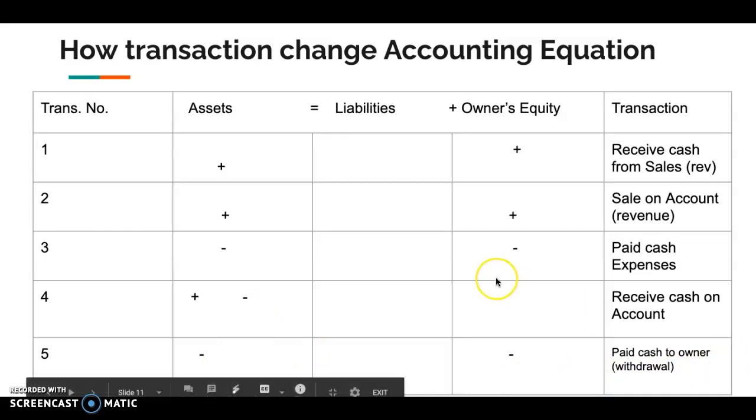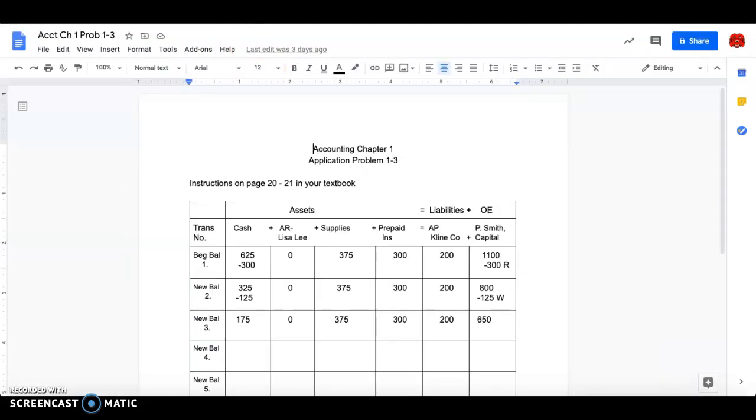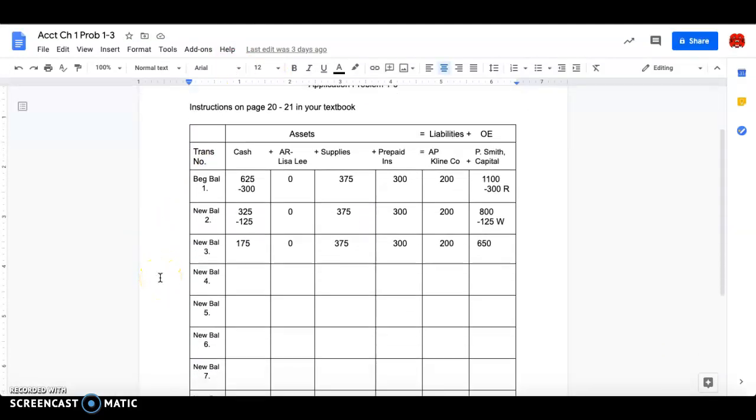All right, so let me get out of this, and let's go to this, which is going to be your next assignment, and I did a couple for you. So the first transaction is going to be pay cash for rent.